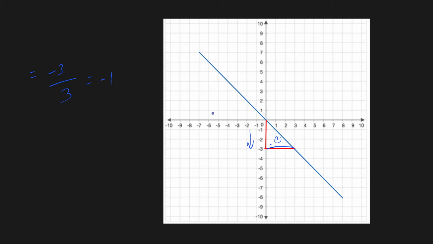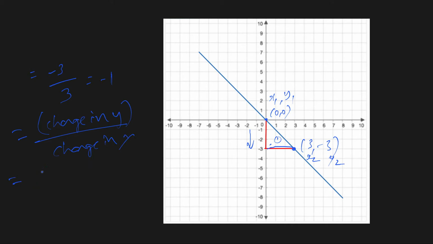And if this is still hard for you to understand, there is another way we can do it. So this coordinate is 0 comma 0, and then this coordinate is 3 comma -3. So let's say this is x1, y1, and this is x2, y2. So rise over run also has another concept, which is change in y divided by change in x. So change in y, by that I mean y1 minus y2, since we have 2 points, and then x1 minus x2.